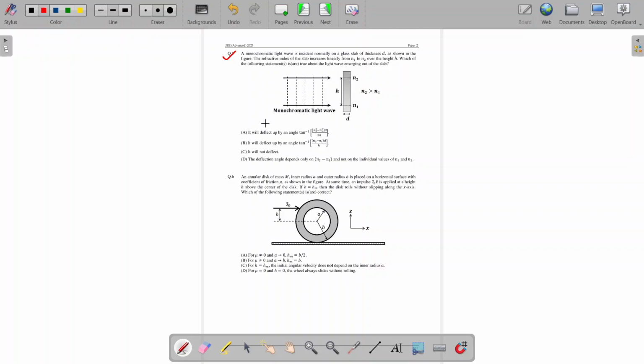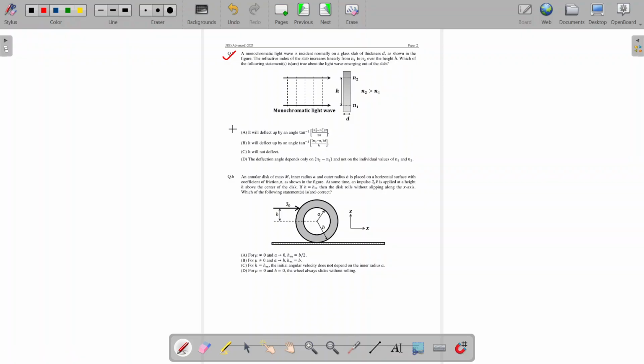And then when it is traveling at the point N2, it would be traveling in a much slower manner. So that means that when the light has entered at N2 and has left N2, the light at N1 will have to traverse the whole distance d and cover some extra distance.